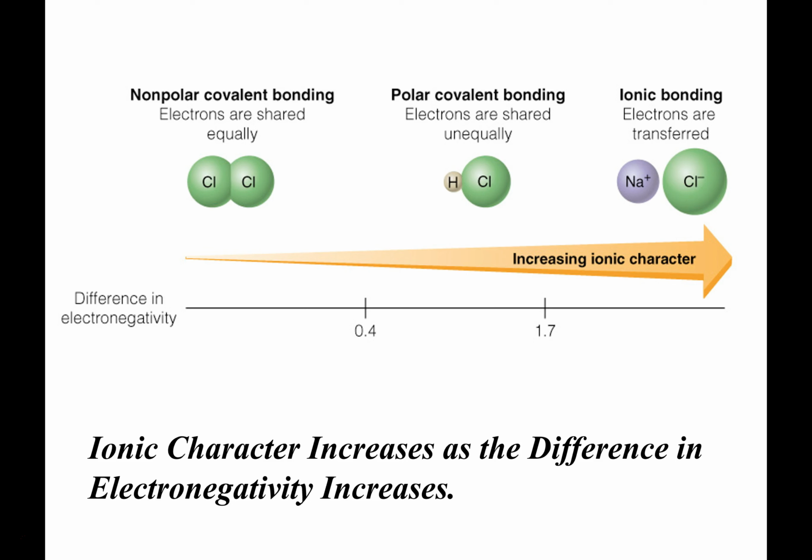And chlorine has a higher electronegativity. So what you're seeing there is this is partially negative, this would be partially positive. But electrons are being shared to create that chemical bond between those two atoms.